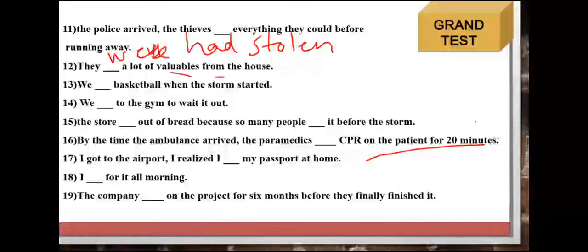Maybe they had taken the valuables. We were playing basketball when the storm started. We had played. We were playing basketball when the storm started. An interruption has been noticed. We dashed to the gym to wear it out. We went to the gym to wear it out.